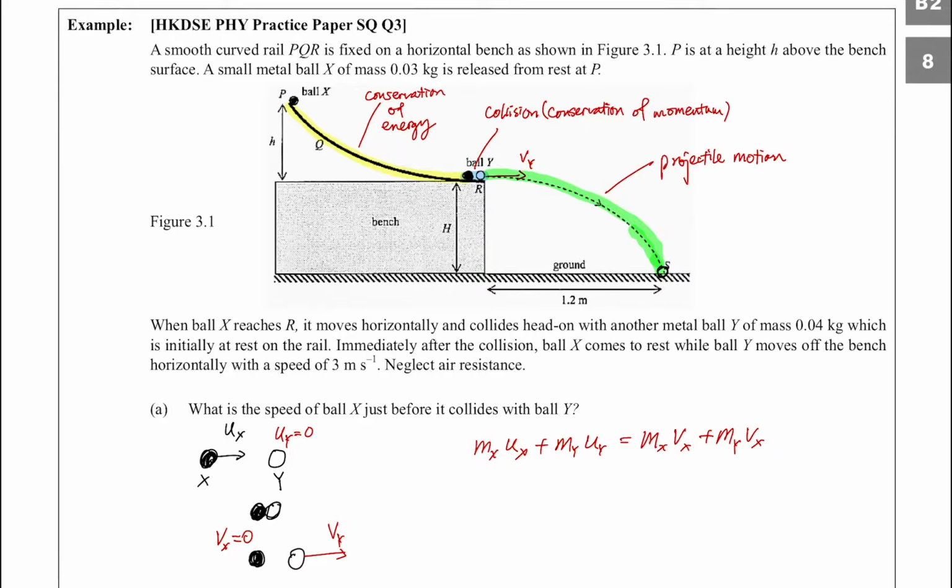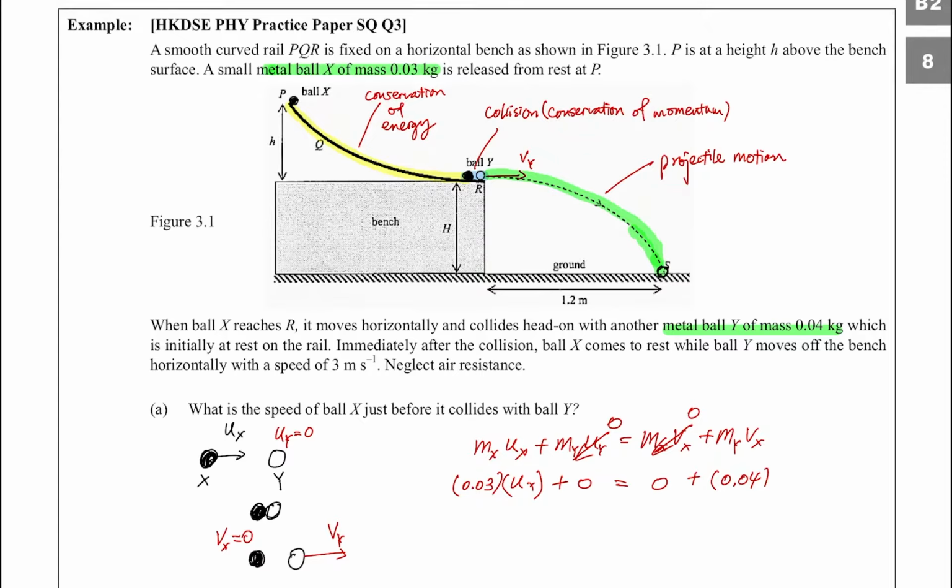So now we are going to put in the numbers. We have been given the mass of metal ball X, it is 0.03 kg, and also the mass of metal ball Y, which is 0.04 kg. So we can put in 0.03, ux is an unknown, uy is 0, and don't forget that Vx is also 0, so no need to consider this term.